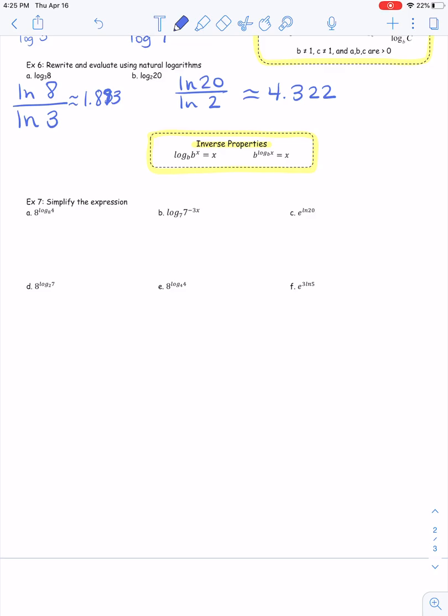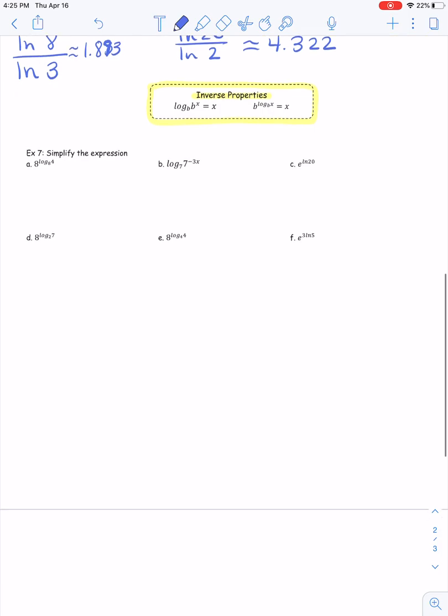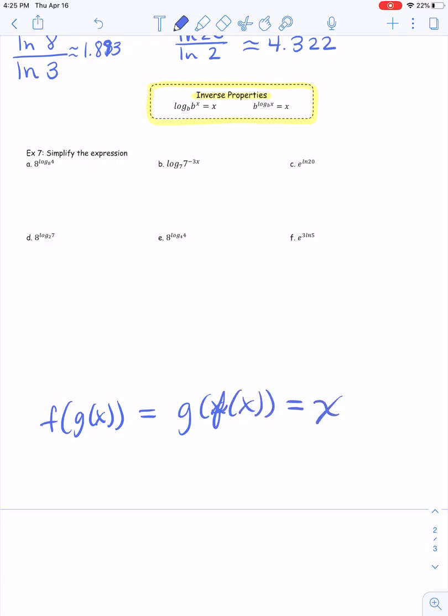But a way to check that two functions were inverses of each other, do you remember how we did that? Yes, no, maybe so. That was using composition. So remember we said that two functions are inverses of each other if f of g of x equals g of f of x, and they're both equal to x.